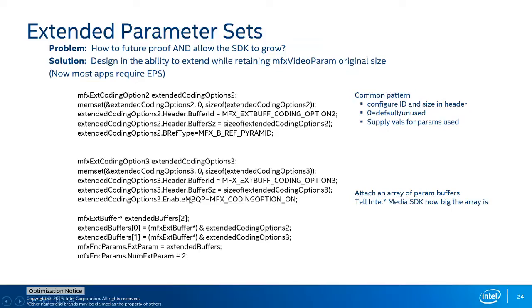The basic pattern is to set up the buffer, initialize the whole thing to 0, give the buffer ID, which is identifying the type of parameter set, and then also set the size. Because everything is set to 0, you get the default. Then you just want to set everything that is not default, the parameters that you want to change.